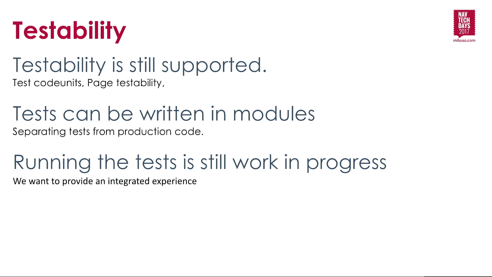And you can now write your tests in other modules, which is a nice separation from your actual production code. And we are still working on improving the actual execution of tests. So we would like to give you a more integrated experience of running tests, so you can immediately in the code run a test and get feedback on it.